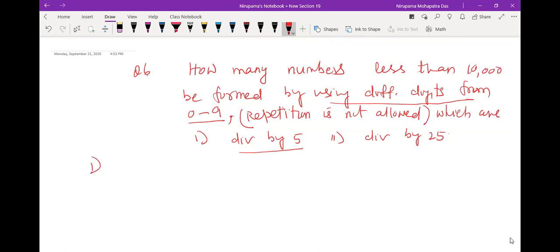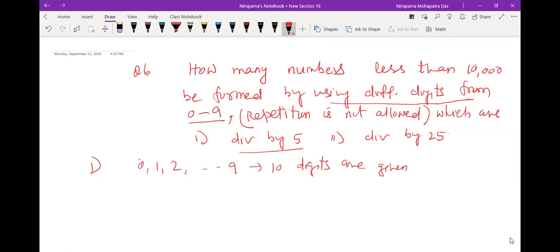We are considering the given digits 0, 1, 2, up to 9. 10 digits are given to us.